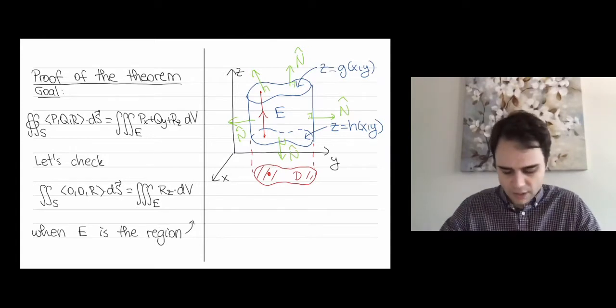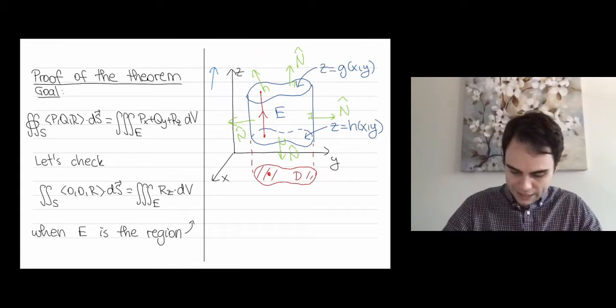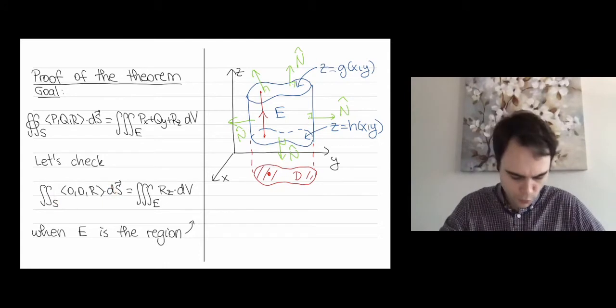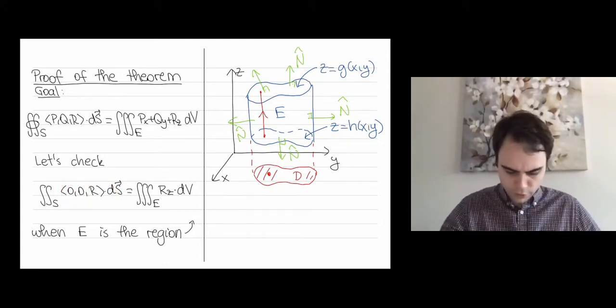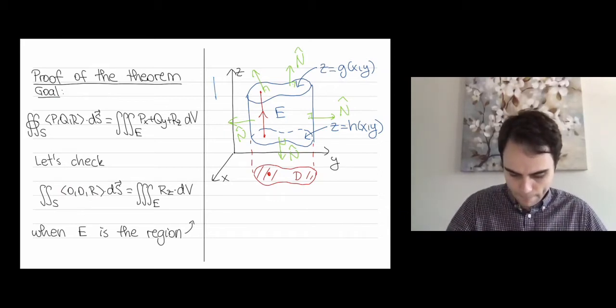And I don't think it hurts to draw the vector field. So the vector field, maybe in blue, it's something like that. Actually, this vector field, the one I'm thinking about at the moment, has 0, 0 for the first two components, so it's a vertical vector field. It's R times k, so it's really pointing up. So F is pointing up like this.